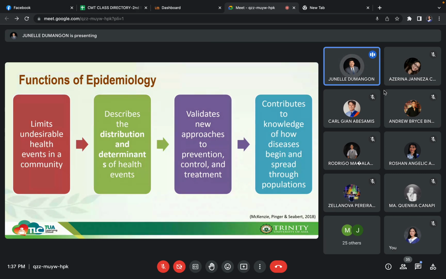And then after determining the distribution and determinants, we then create new approaches to prevent, control, and treat this disease. Afterwards, after we create a program to prevent, control, and treat the disease, we will measure how much knowledge the people gained about how the disease begins and spreads throughout the population.